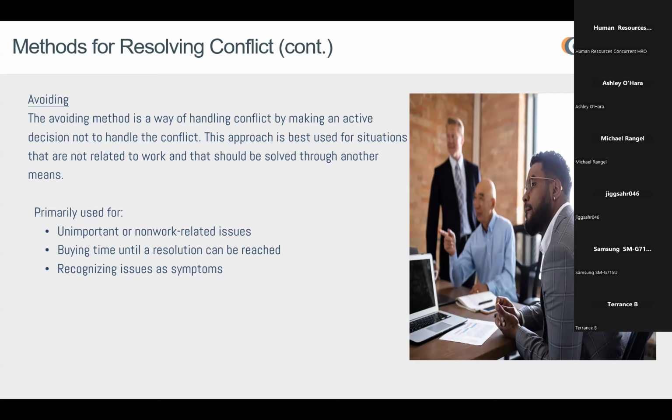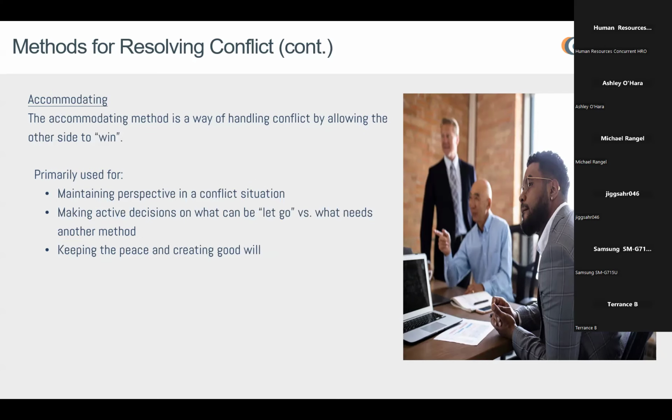All right. And accommodating. The accommodating method is a way of handling conflict by allowing the other side to win. And this is primarily used for maintaining perspective in a conflict situation, making active decisions on what can be let go versus what needs another method.